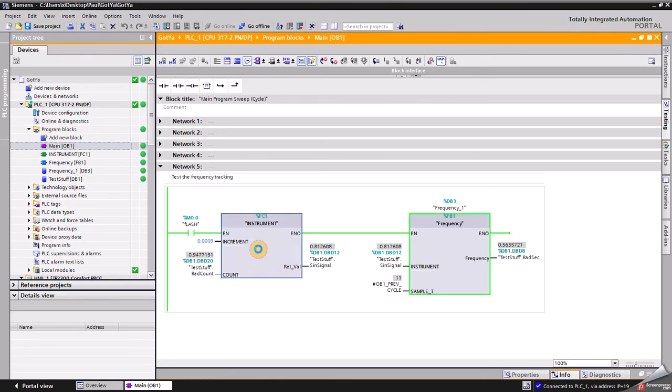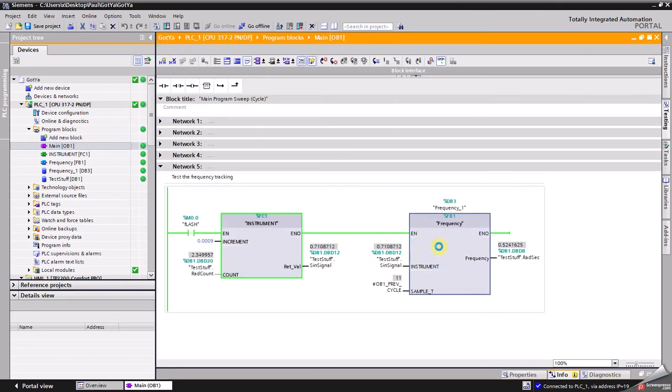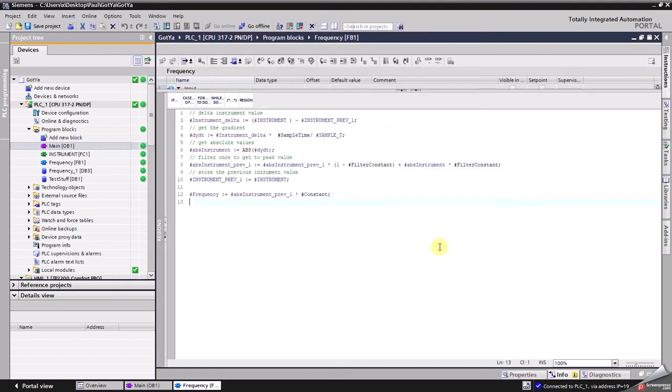Very simple code. You look at the instrument, this is basically a rolling number around 6.28, rolling around one revolution. Like I said, it's all a little bit rough and ready, but this is just proof of concept. There, and there's the frequency tracking.